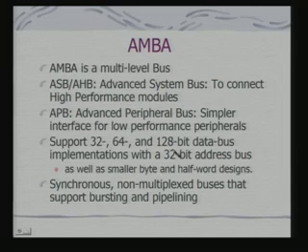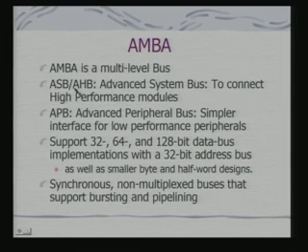So, it is again, as we have seen, a multi-level bus. It has got at the system level, the bus is called ASB or AHB. These are two different bus specifications and they have got different capabilities. They define the structure of the system bus.